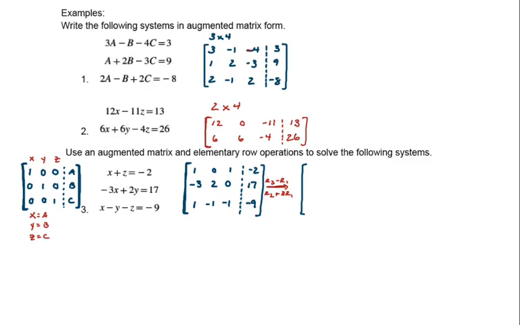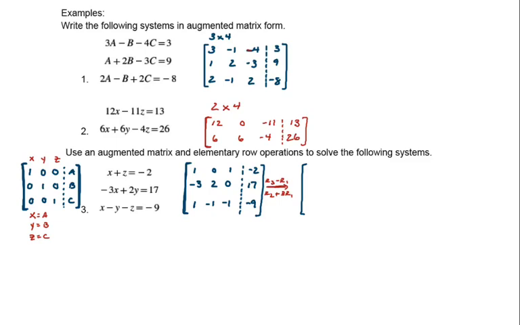So I'm going to take row 3 and I'm going to subtract row 1. And I'll show you what that does in a second. And then I'm going to take row 2 and I'm going to add 3 times row 1. So the rows that I'm going to change are row 3 and row 2, which will look different from this matrix to my next one.